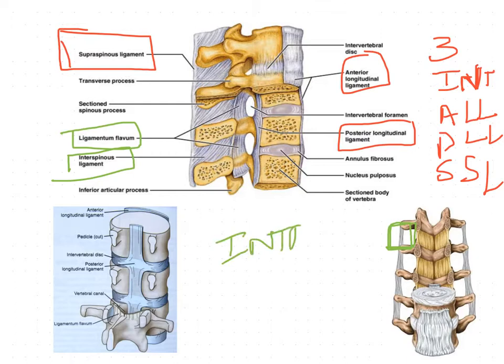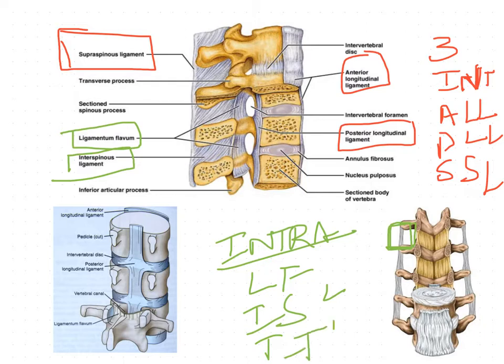In intrasegmental system, what are the ligaments? One is the ligamentum flavum, interspinous ligament, okay, and another one is the intertransverse ligaments. So these are the ligaments which are classified.